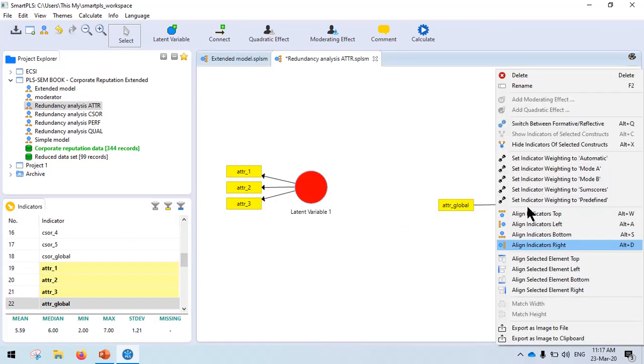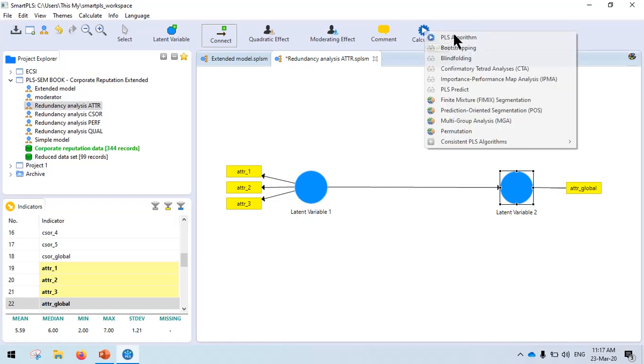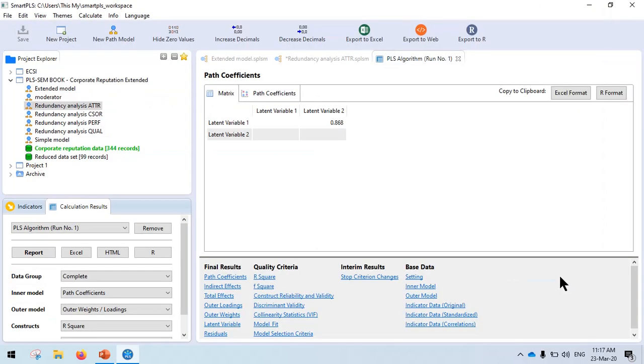So I right click and choose align indicators right. Okay, then I connect between these two. After I'm done with this, I will go to calculate, PLS algorithm, start calculation.